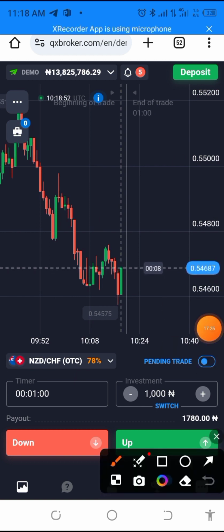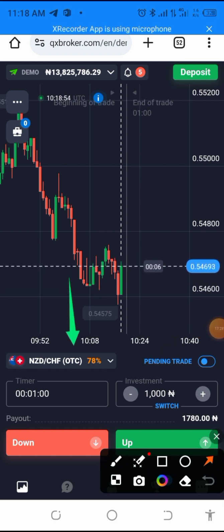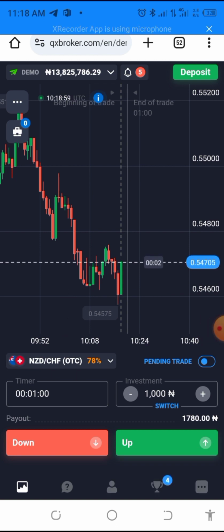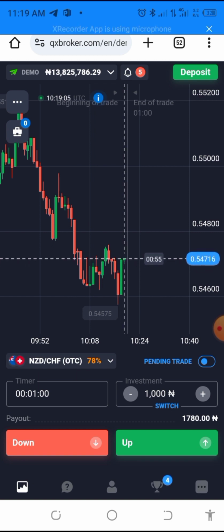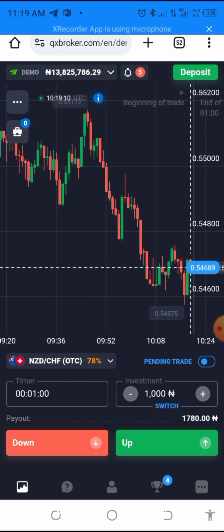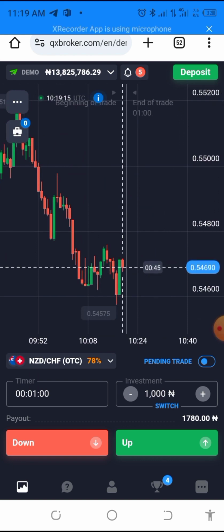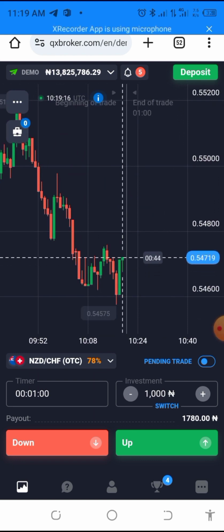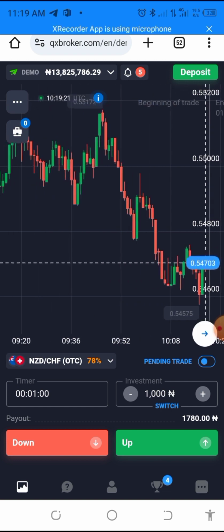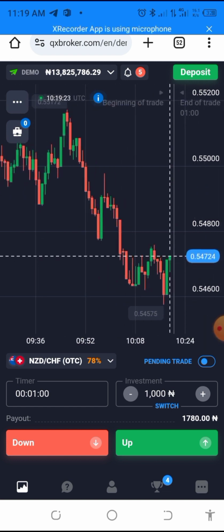Because normal pairs are the real market movements, while OTC pairs are just the ones that the broker created. Okay, so that's it. Let me see this. If it goes as planned, then it's supposed to reverse from here. But checking.